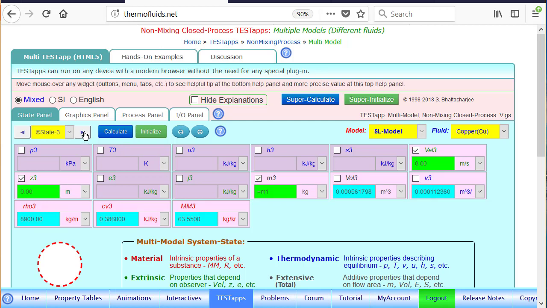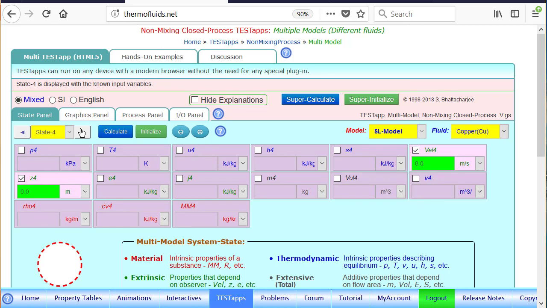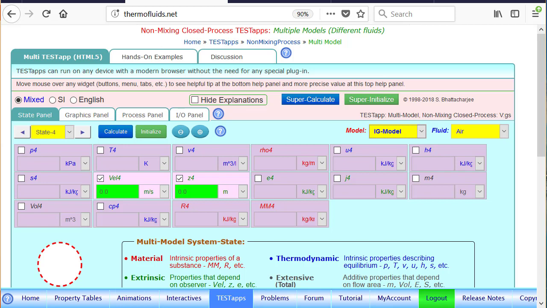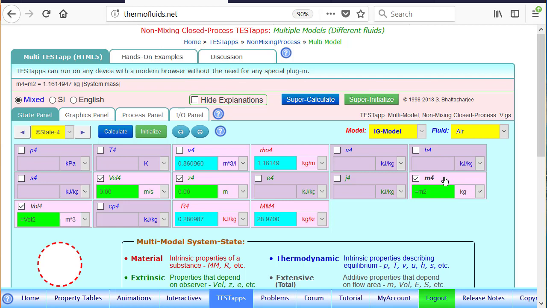For state 4, we know a few things because of the volume of the tank. First, let's select the model, the IG model. State 4 is the final state of air. We know that the volume cannot change, so it must be the volume at state 2, our air volume, 1 meter cube. And of course, the mass cannot change, so mass will be the same as M2. So these are the only information that we do know.